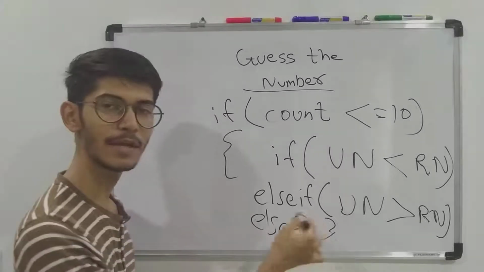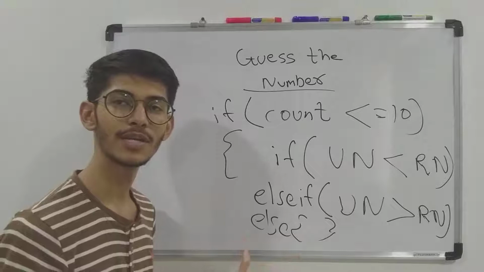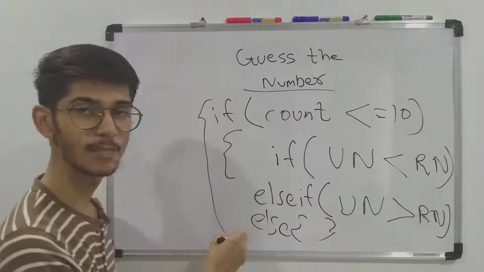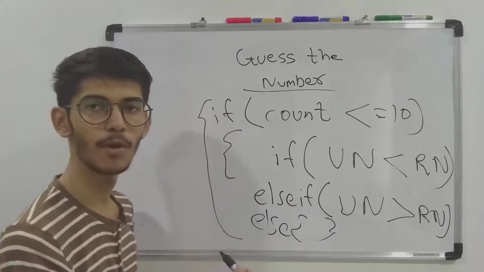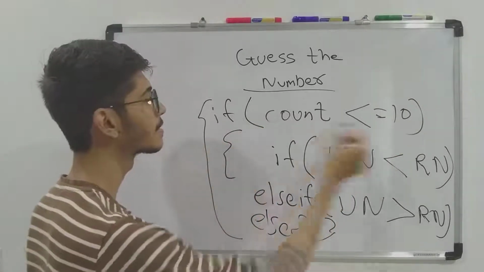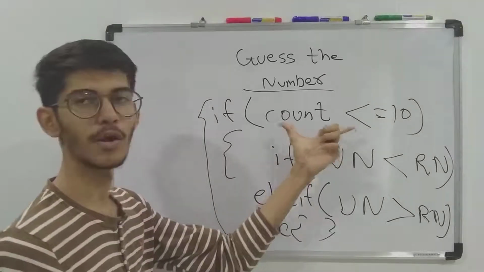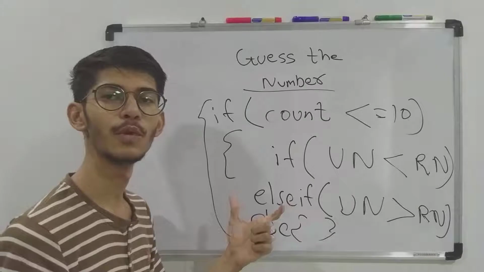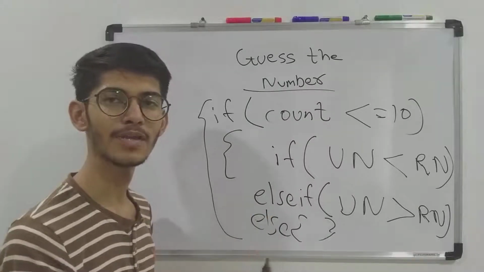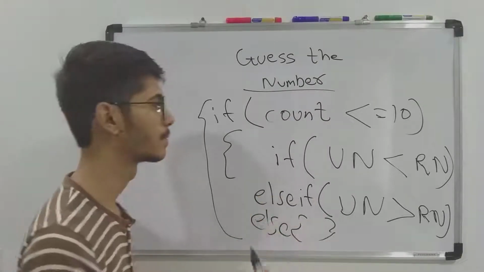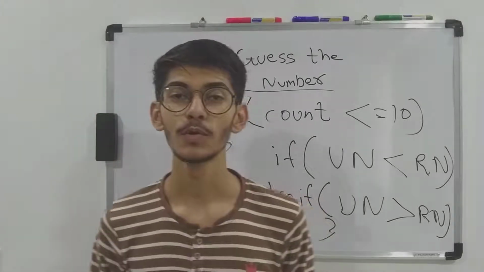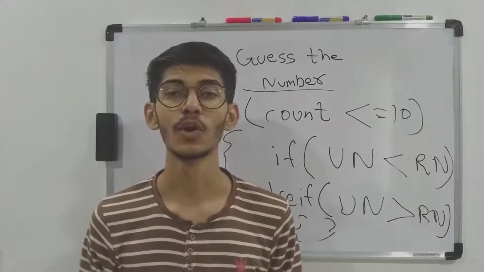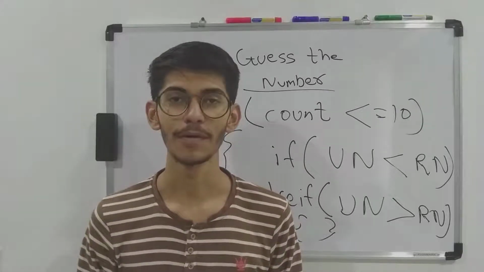So we are going to write that logic in this else part, and after the execution of this if block, we are going to write the else block for this, where this condition if is not satisfied, then the message will be printed that you don't have any more chances to guess the number. So now that we know what to do, we can now get on PC and write the logic for this in JavaScript.